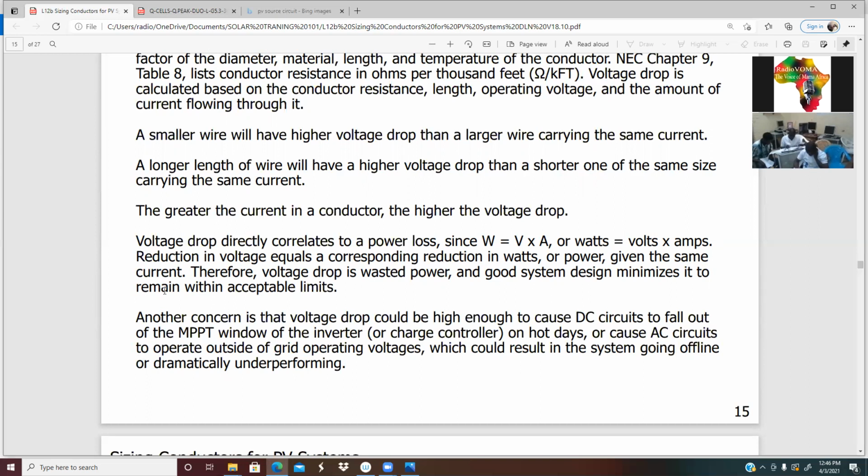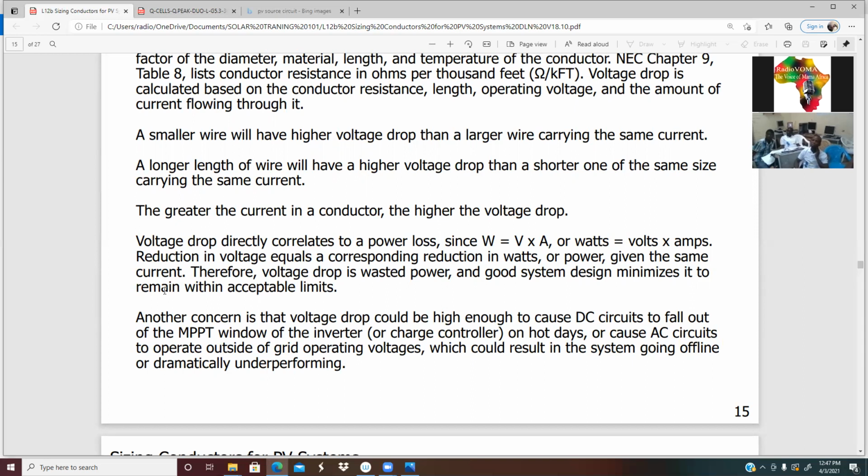So what they are saying is, if for any reason you start losing voltage, what will happen? You will lose watts. So you build a PV system of 10 kilowatts, and you start losing a lot of voltage in that 10 kilowatt system. Be aware that you're going to start losing watts.